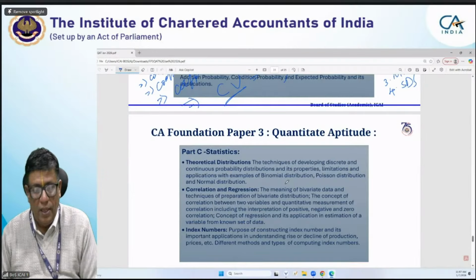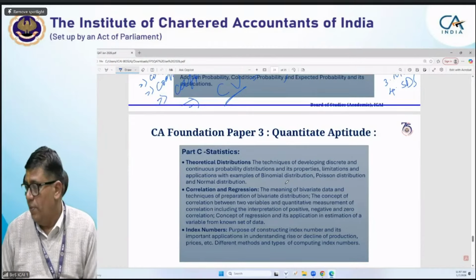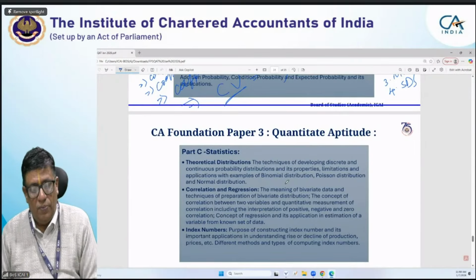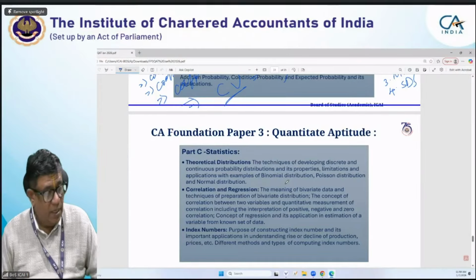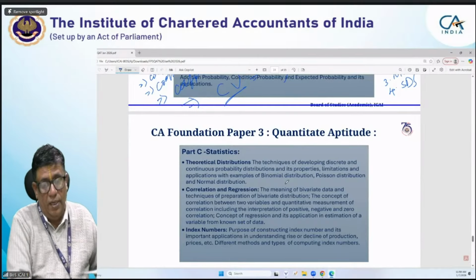Correlation and regression are very interesting chapters, and combined they carry good weightage in the exam. And next are the various index numbers, an interesting chapter in the last part of the study material.